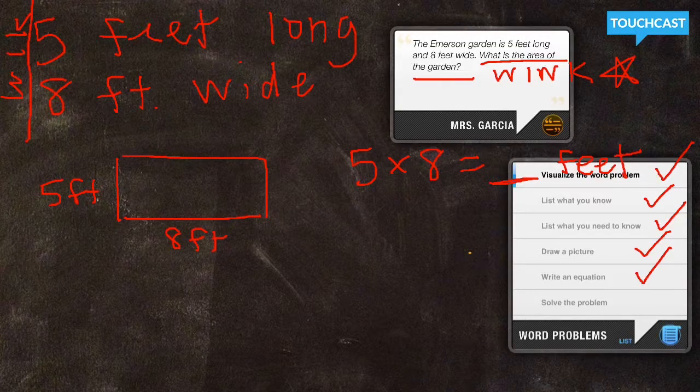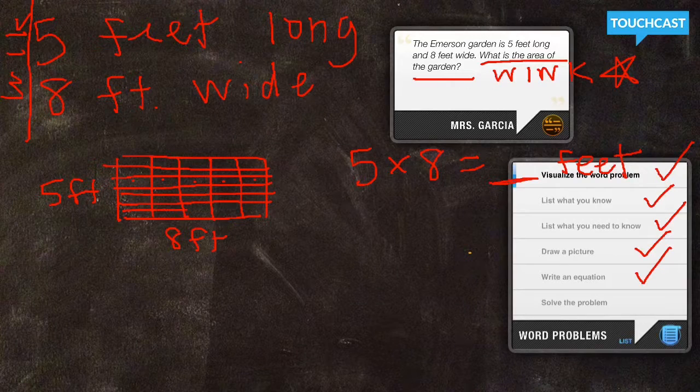All right, so I'm going to create my area model. I know this needs to be 5, so 1, 2, 3, 4, 5. Okay, and then I need to put 8 going this way. 1, 2, 3, 4, 5, 6, 7.